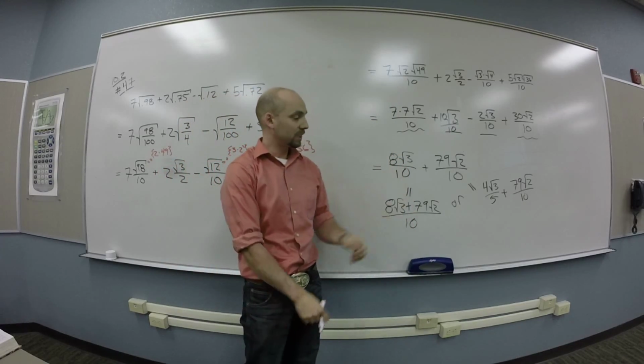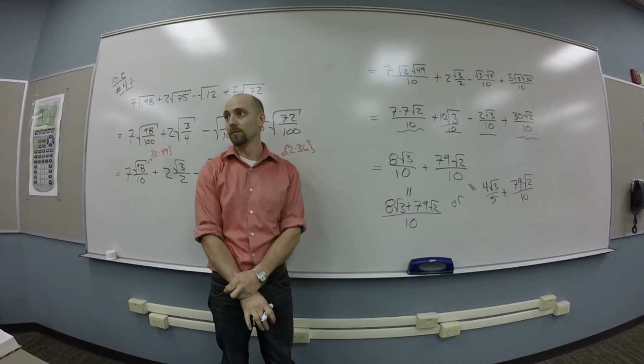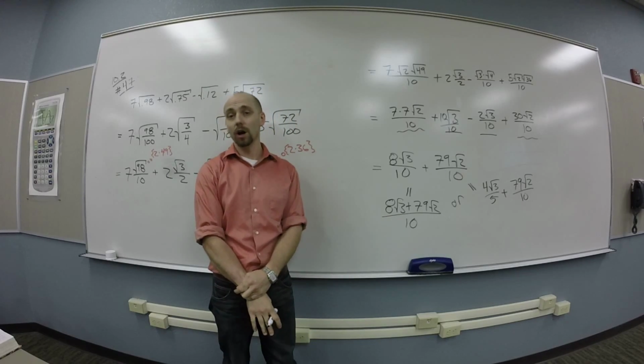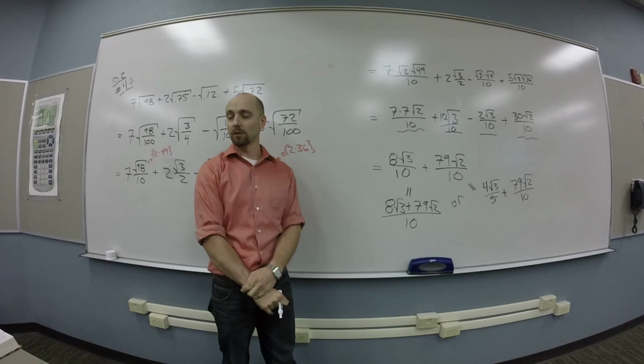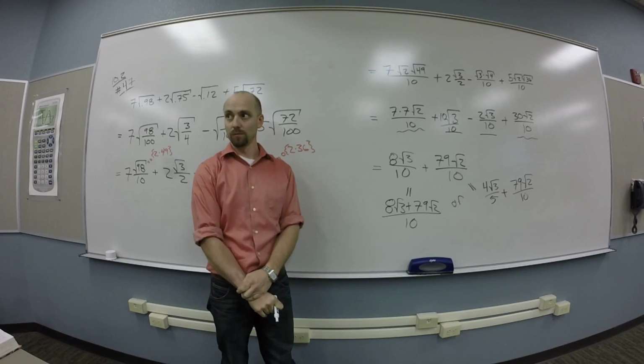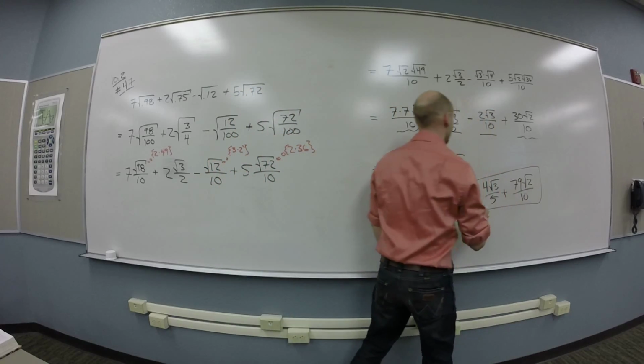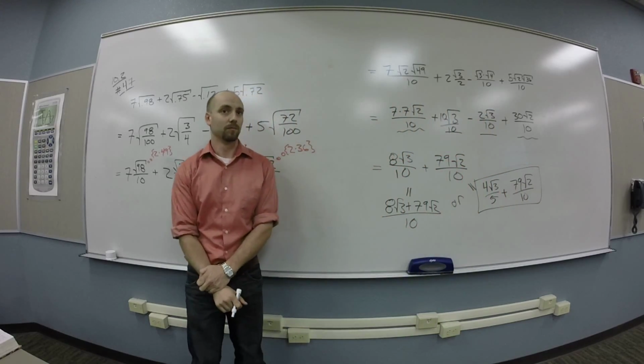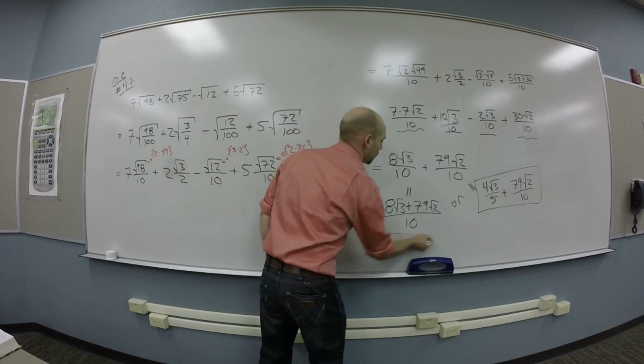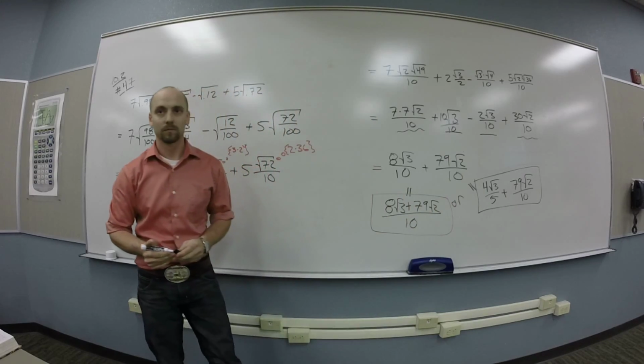This one needs something done with it to simplify. I don't care which way you go with that, but it does need something done with it to simplify. Cool? So I personally would go with this one, but that's just because I cancel out. The other one is also a reasonable option. Cool?